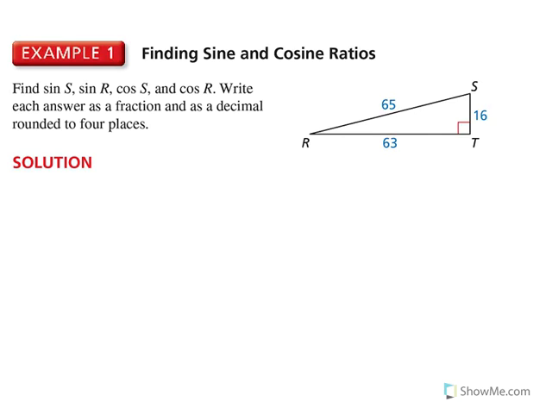When we look at sine of S, that's the first one it asks us to find. This isn't "sin of S", it's sine of S. The abbreviation is S-I-N, sine of S. If this is my reference angle, opposite, across from it, we have our 63 here. The adjacent side is 16.